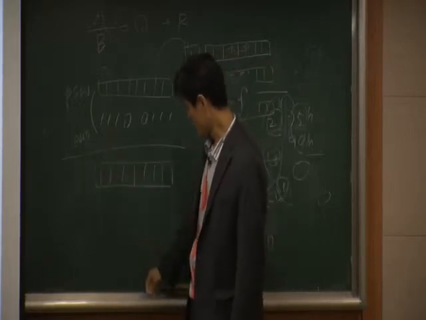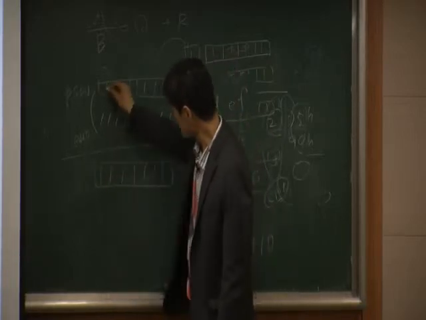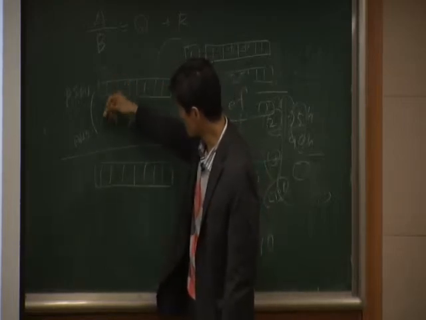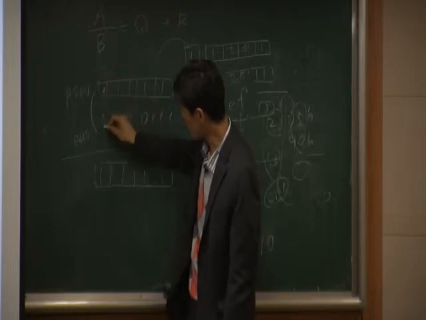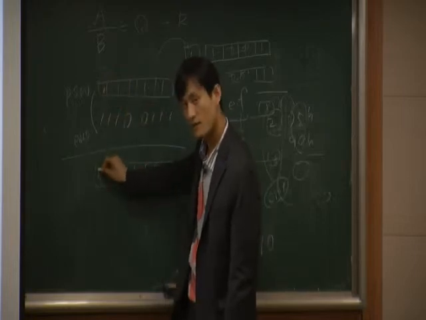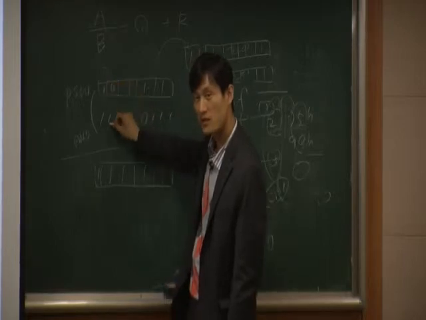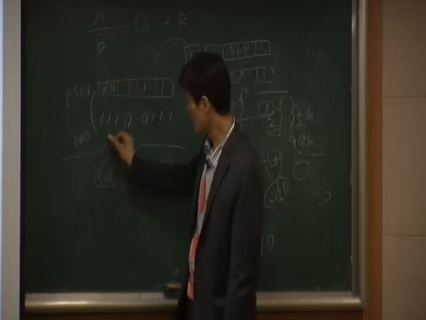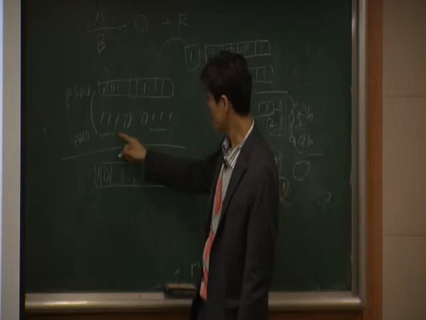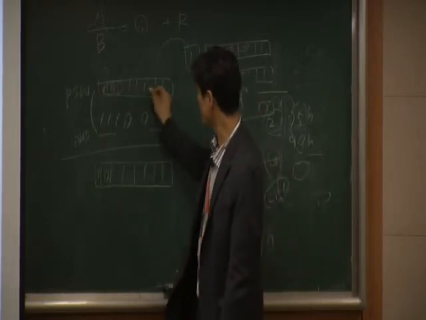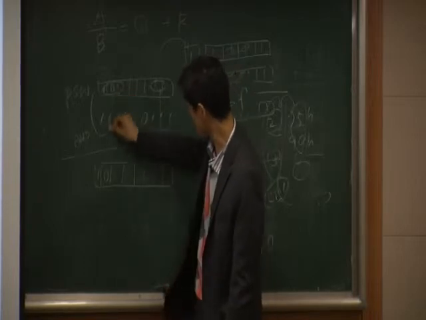So if some of these bits is 1, then in that case 1, 1 becomes 1. Let's say some of the bits here is 0. 0, 1 becomes 0. So this is like a filter. Those bits, you have the same value.